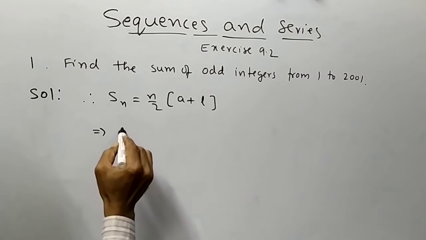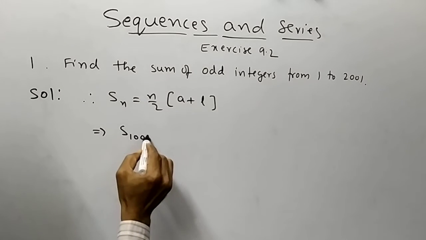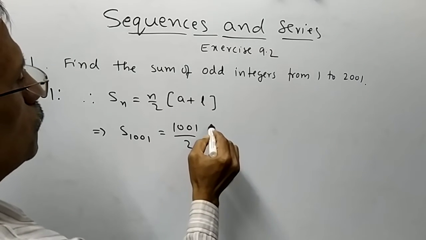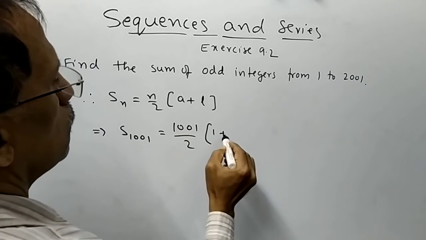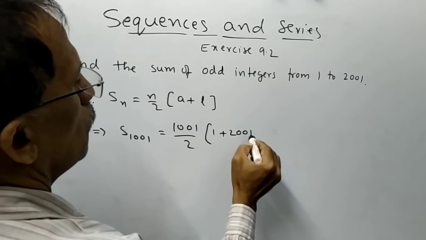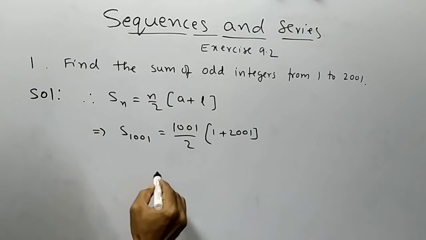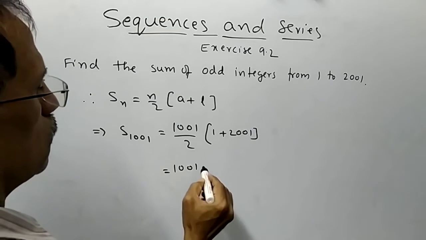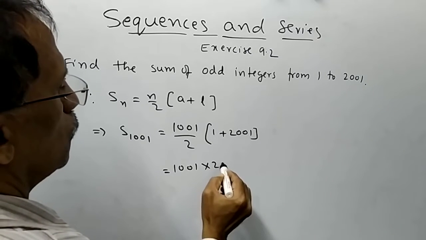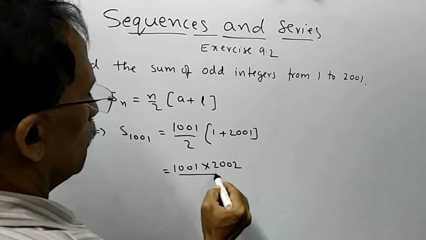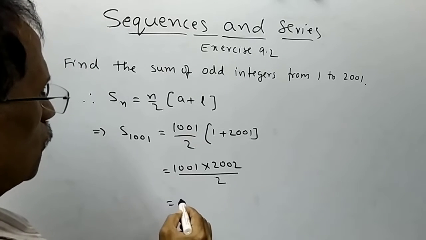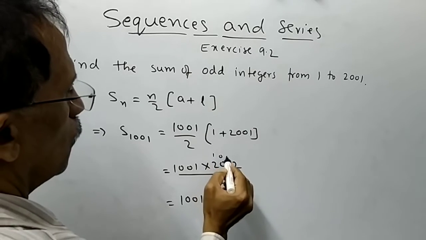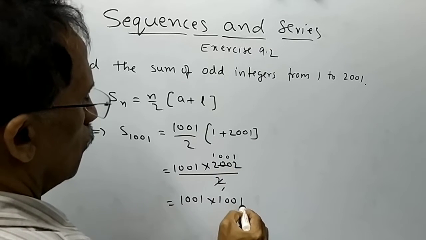This implies S of 1001 is equal to 1001 divided by 2 into 1 plus 2001, is equal to 1001 into 2002 divided by 2, is equal to 1001 into 1001.